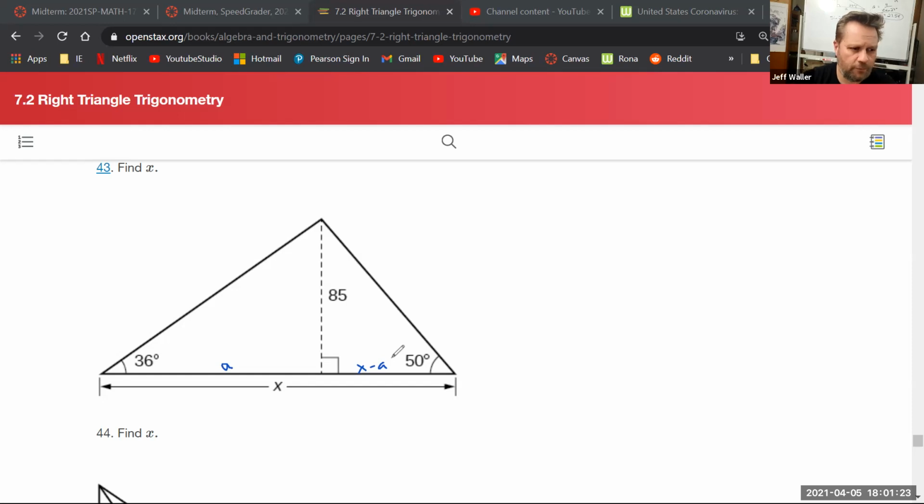You can do this a few different ways. So now what can I set up for this triangle here with the 36-degree angle in it? Which side does not matter to me?